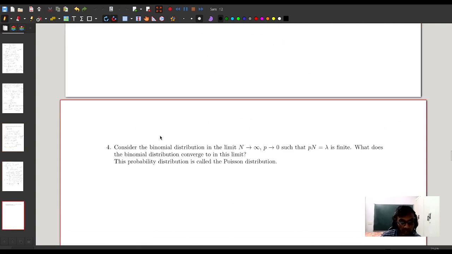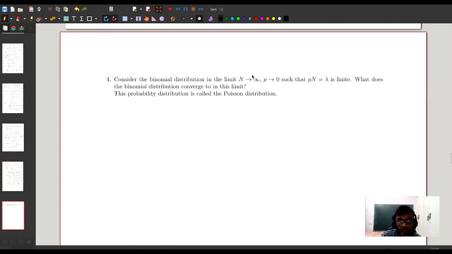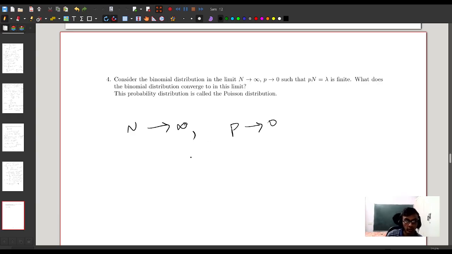So it might be interesting to consider the case in which this number is taken to infinity, like the number of times the coin is tossed, and the probability for heads showing up going to 0, such that their product is finite.